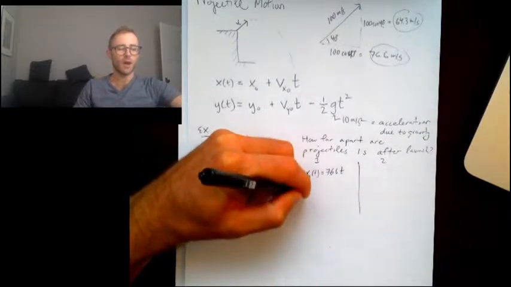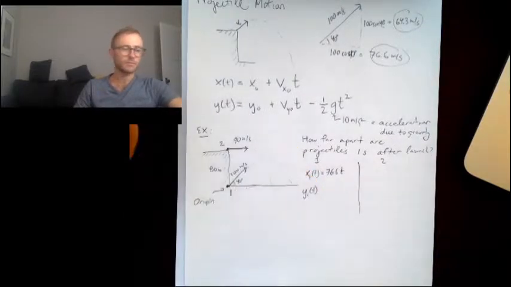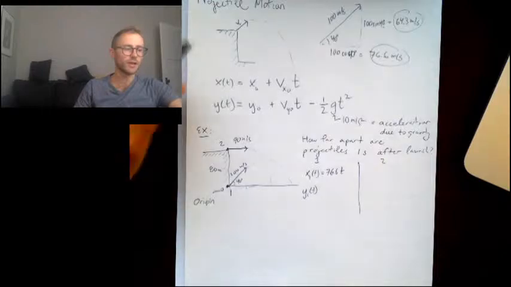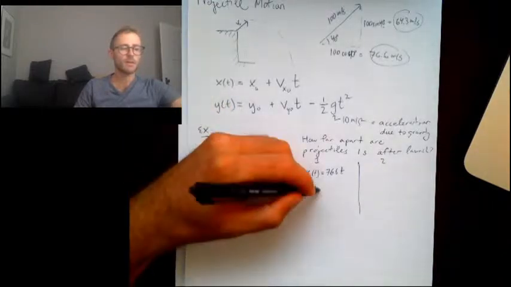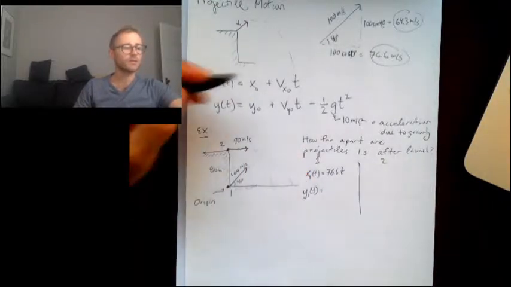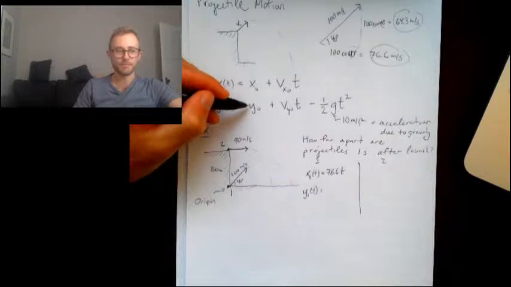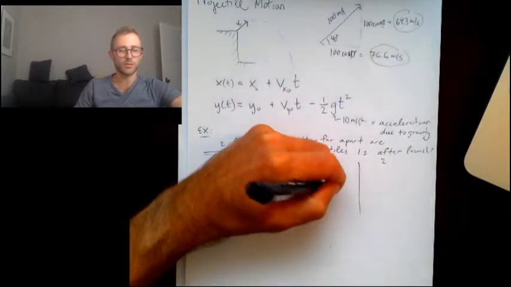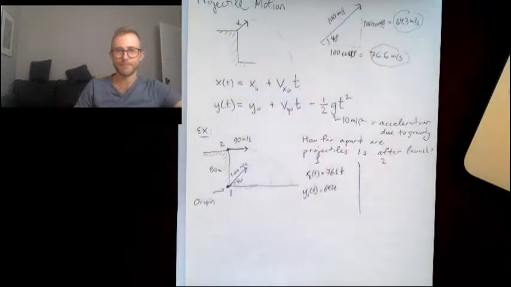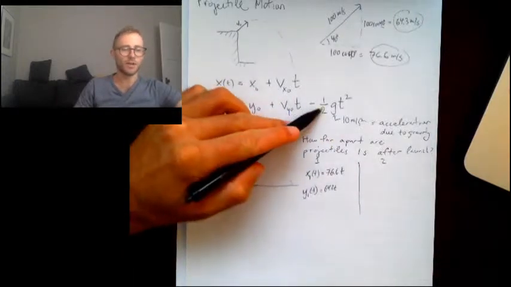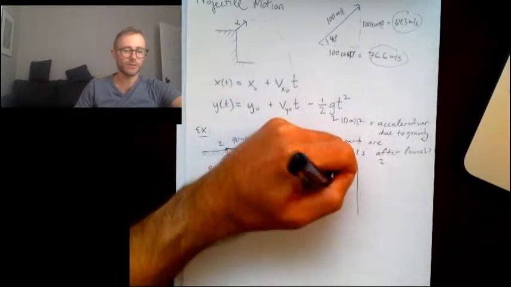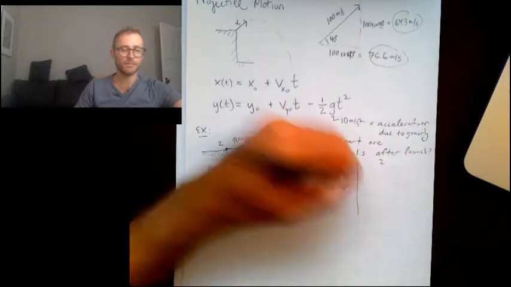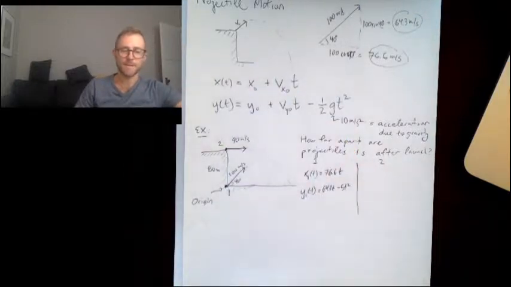For its y of t, let's see, its y naught is 0. Its vy naught is 64.3, so I have 64.3 t. And then minus 1/2 g is going to be negative 5 t squared. Okay.